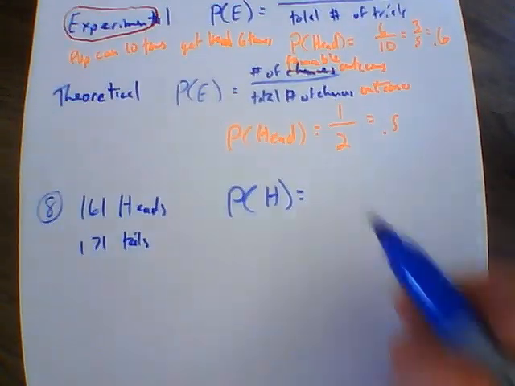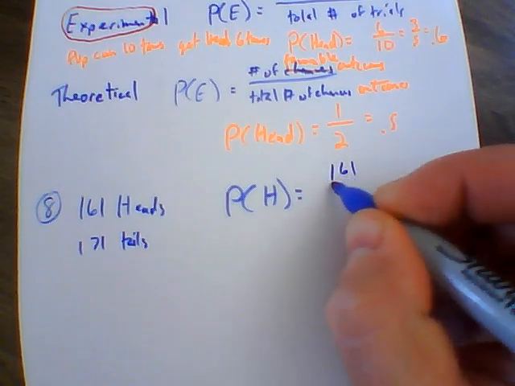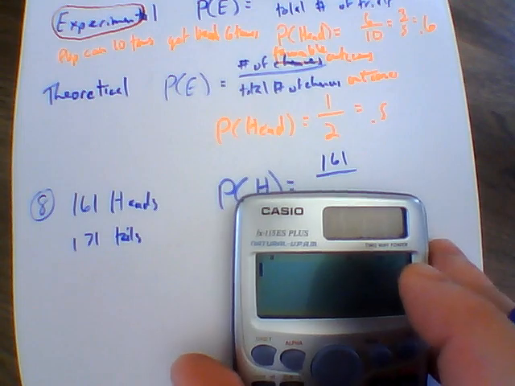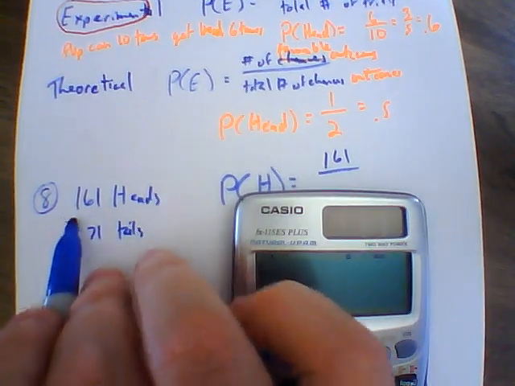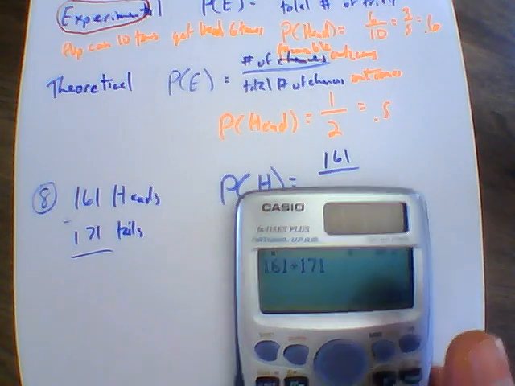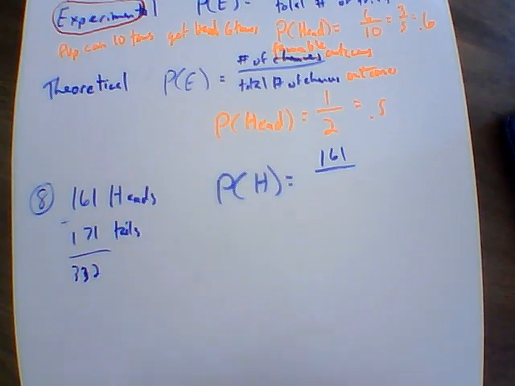Well, the experimental probability of a head is going to be 161 out of, well, how many total do we have? We're going to have to add these together. So 161 plus 171, I'm going to be lazy here and use my calculator. We have 332 total tosses.